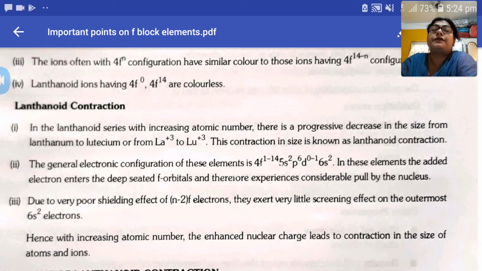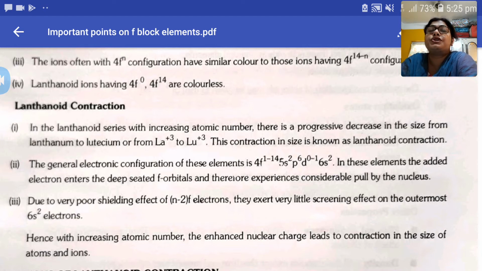The general electronic configuration of these elements is 4f1 to 14, 5s2, 5p6, 5d0 to 1, and 6s2. In these elements, the added electrons enter the deep-seated f orbitals, and therefore they will experience a considerable pull by the nucleus.